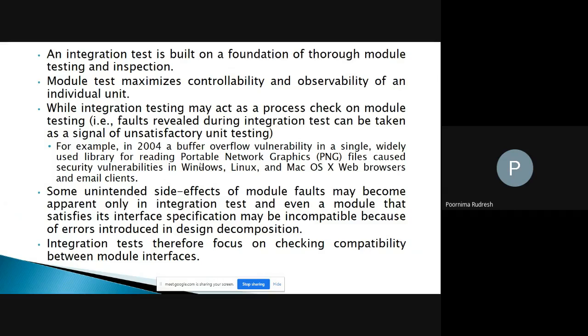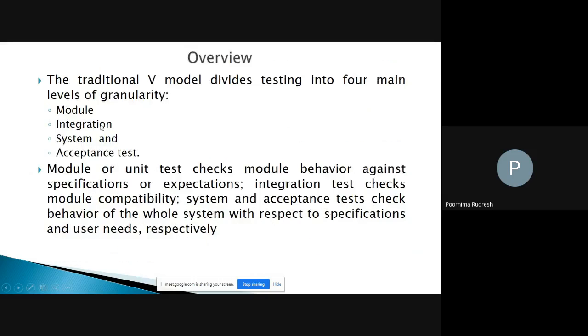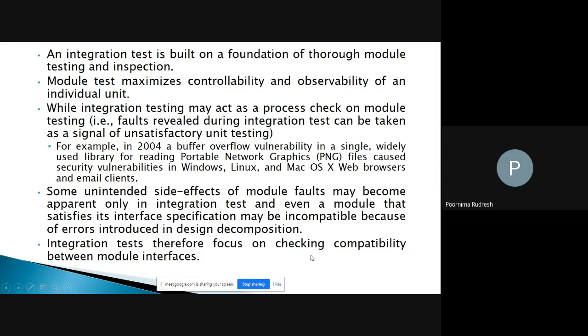So basically, we are concentrating on this. See here, the unit test checks the module behavior, whereas the integration test checks the module compatibility. So integration test focuses on checking the compatibility between the module interfaces.